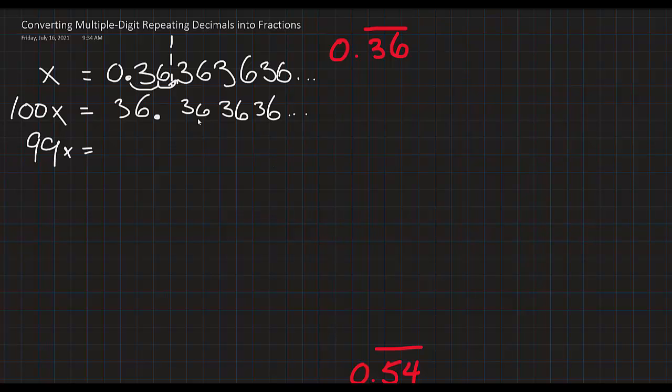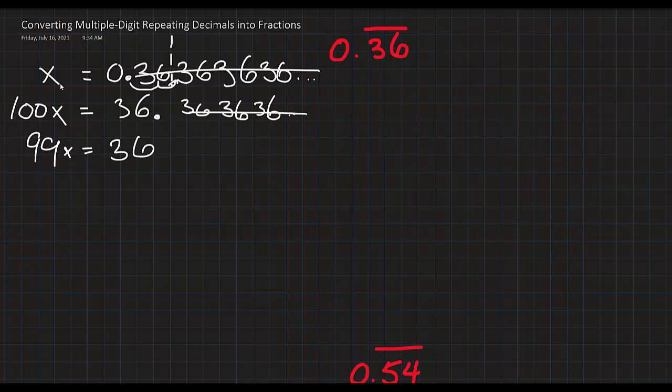Well, behind the decimal point is still the same, right? Because it goes on infinitely. So we can subtract the repeating parts, which is the 36 behind the decimal point. Then we'll just get 36. This whole thing crosses out because we know that x is equal to this, and we subtracted x on both sides.